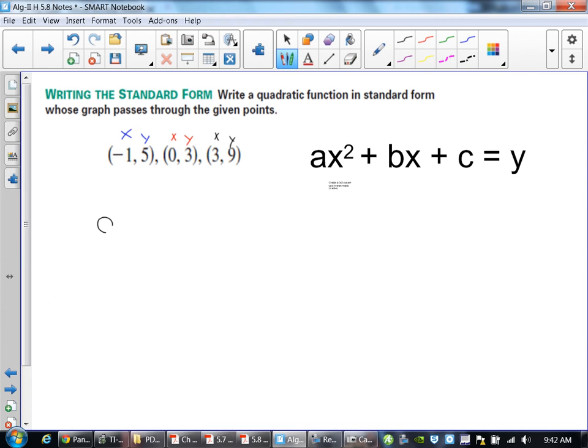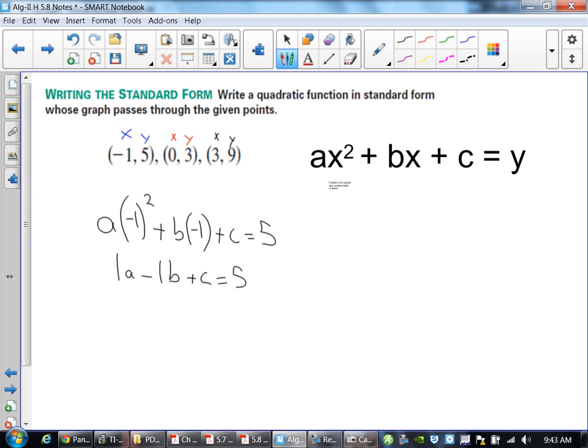What I'm going to do here: take a times negative 1 squared, plus b times negative 1, plus c equals 5. I'm substituting directly into that standard form of ax squared, bx, and c, knowing what my x's and y's are. Everybody see where I'm going with that? So what's negative 1 squared? 1. So I have 1a minus 1b plus c is 5.